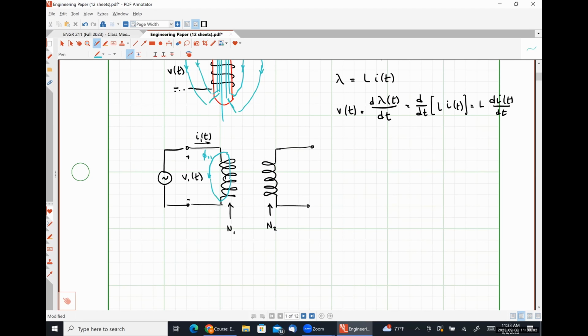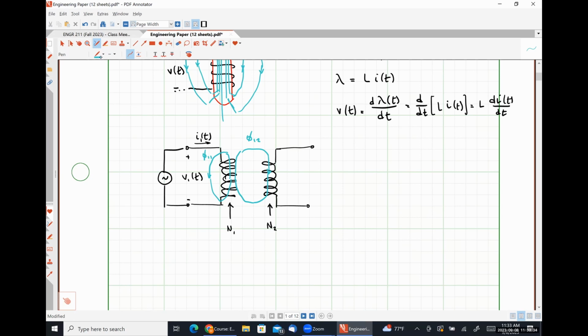So this is the magnetic flux of coil 1. The magnetic flux that will be coupling to the second coil, right? Phi 12. So it is the flux produced by current 1 passing through coil number 2.